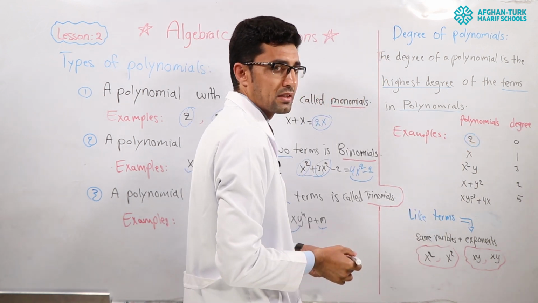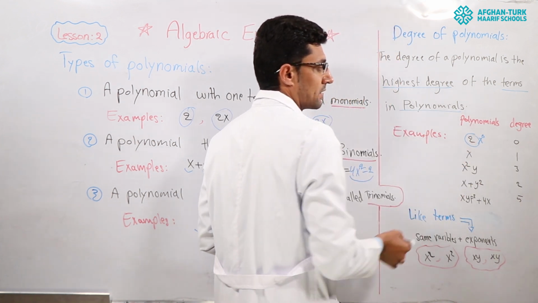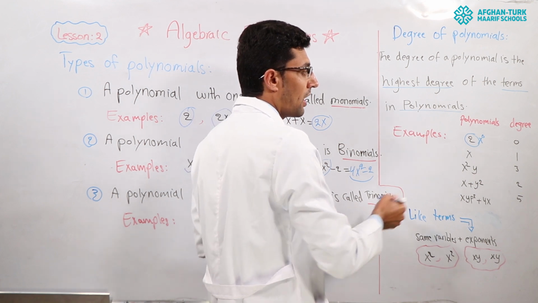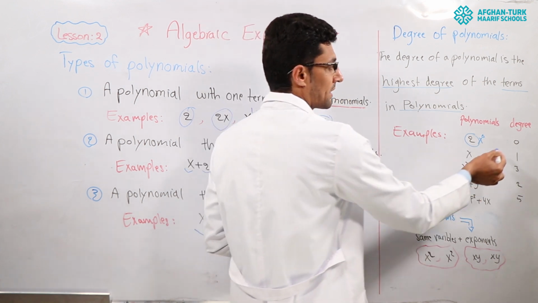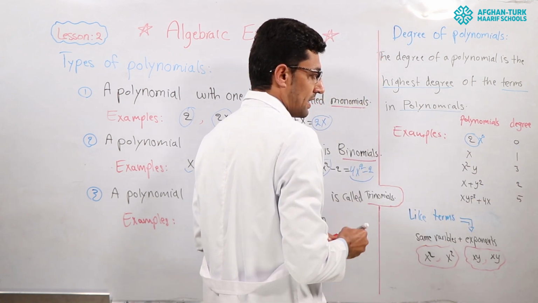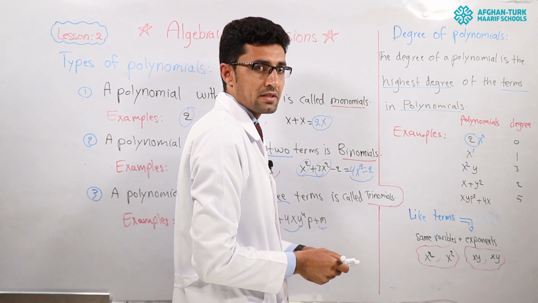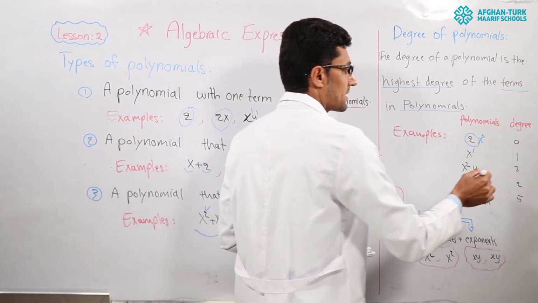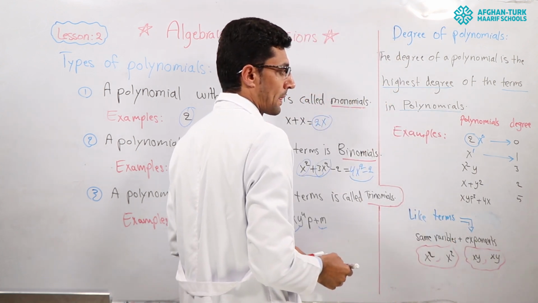Is it a polynomial? Yeah. But how about the power of x? The highest power of x is 0. So what will be the degree? 0. Is it a polynomial? Yeah. What is the power of x? 1. It means the degree is 1.